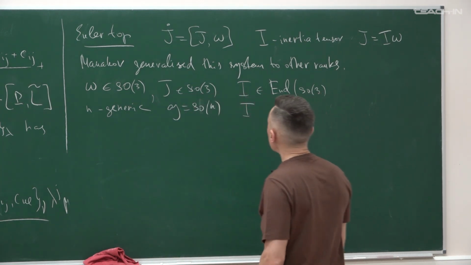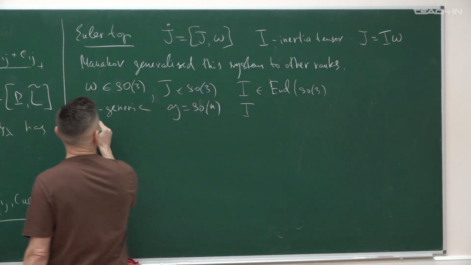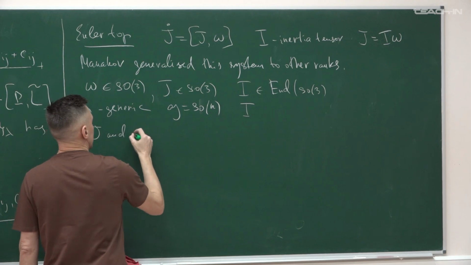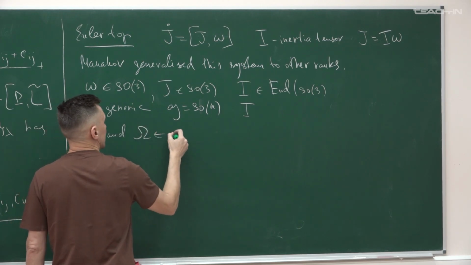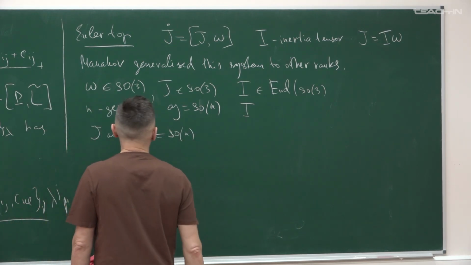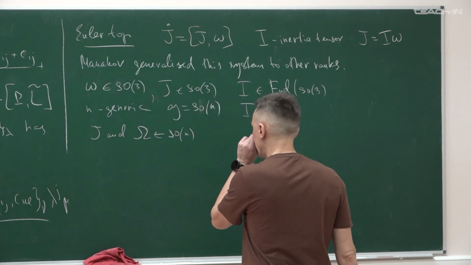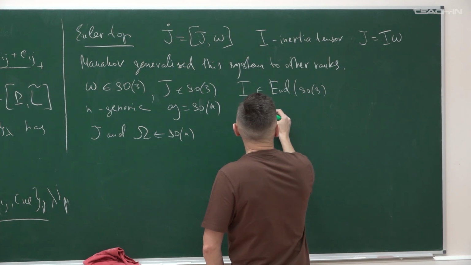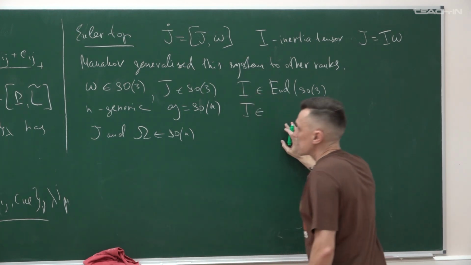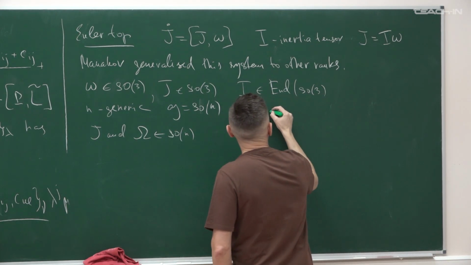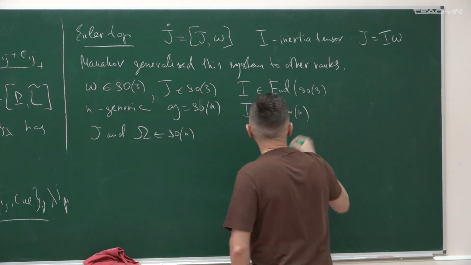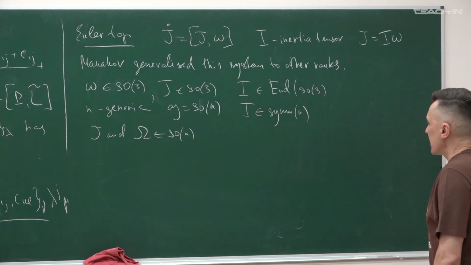So first of all, in this case, J, I will write in my notation, and omega are elements of SON. And I is a symmetric matrix. So it's a symmetric matrix N by N.